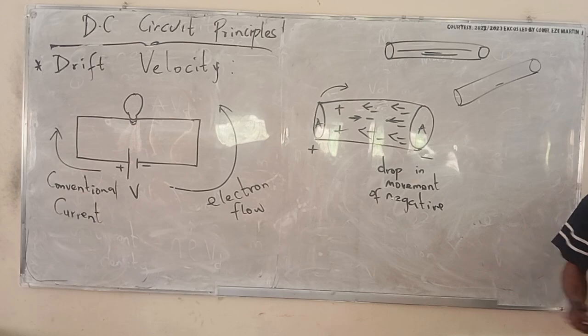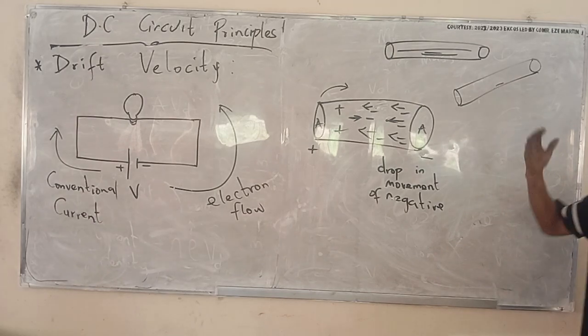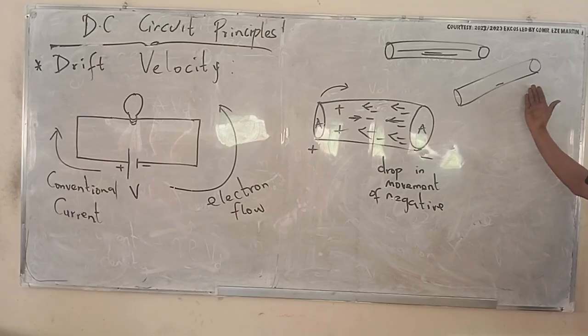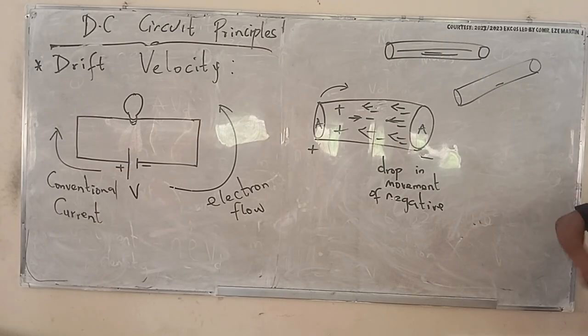Is it not true? So see voltage as pressure. The minute one tends to be higher than the other one, there will be flow. But the minute they tend to be equal, there will be no flow. So it has returned back to its original state, which is zero. So think of it that way.